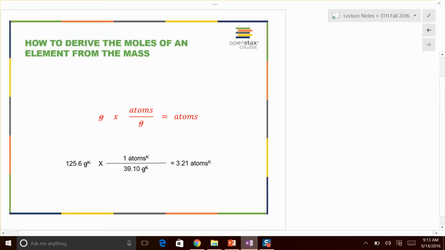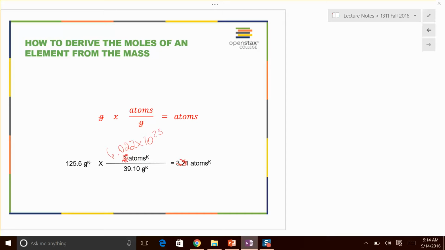And if you're going the other way, if I want to figure out the number of atoms in a specific amount of grams, this would be a more practical one. So I have 125.6 grams of potassium. How many atoms? If I want to figure out the number of atoms that I have, then I set it up.